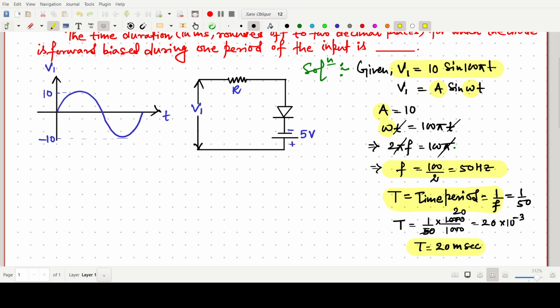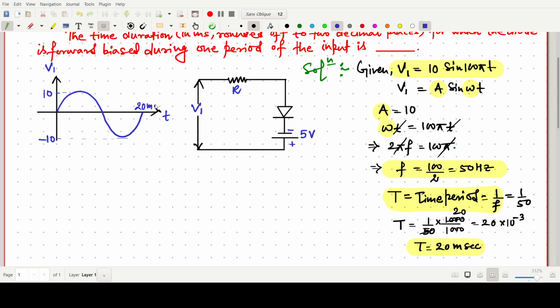So it means the total time period of the signal will be 20 millisecond.